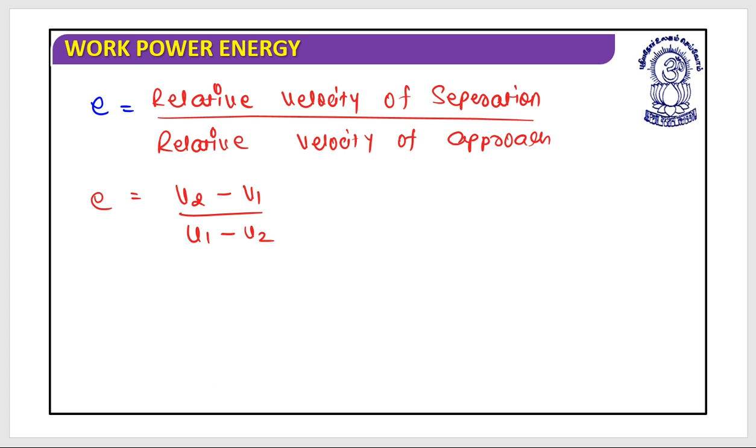One more very important term, the coefficient of restitution E, has also been explained and derived. It is the relative velocity of separation divided by the relative velocity of approach. So E can be written as (v2 minus v1) divided by (u1 minus u2).